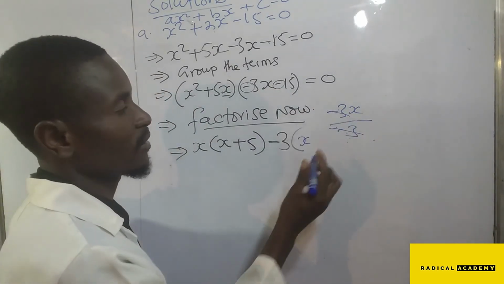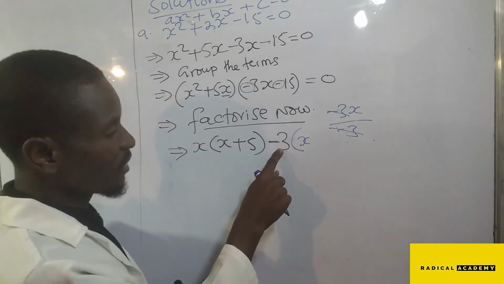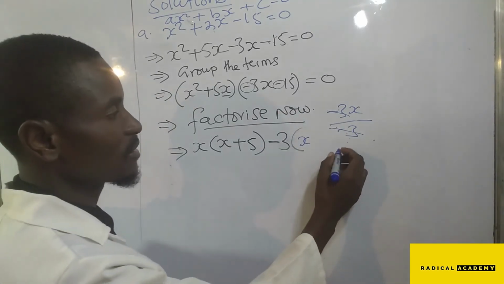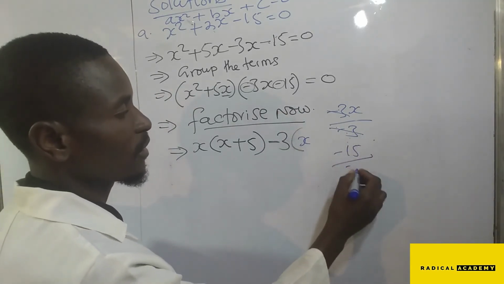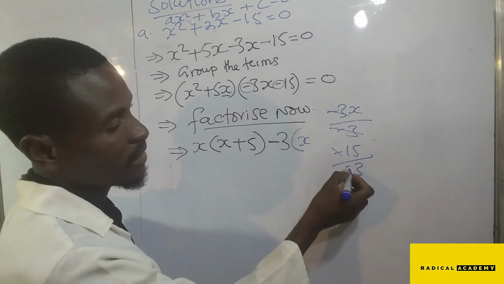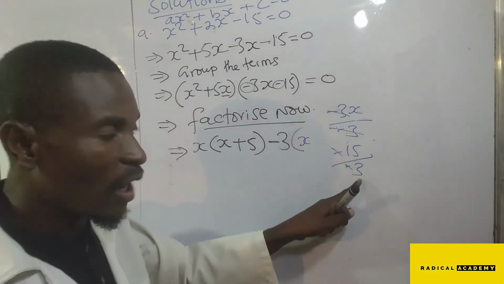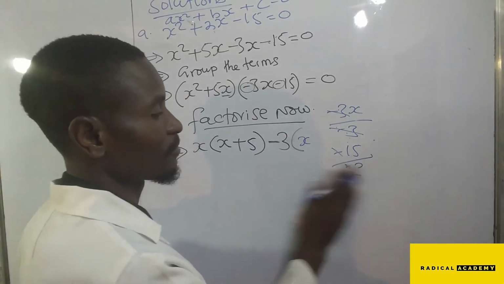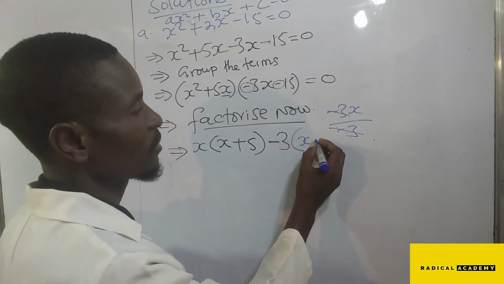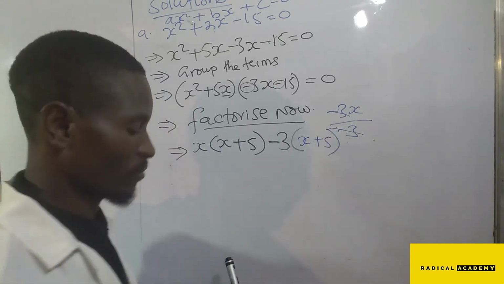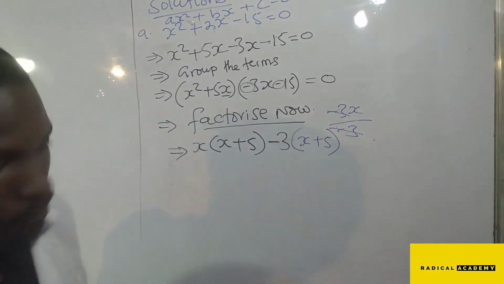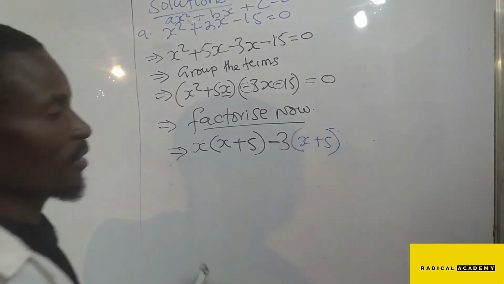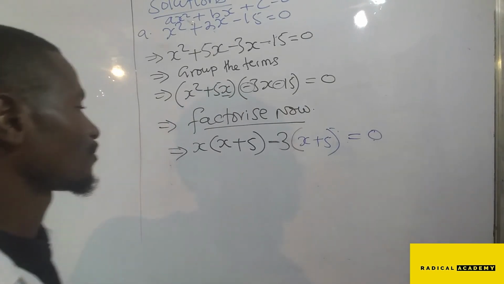And then negative 15 divided by negative 3. So the negative cancels, and how many times can 3 go into 15? Just 5 times. So this is going to be plus 5, and then equals 0.